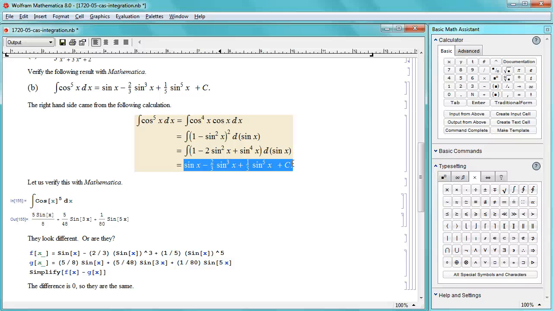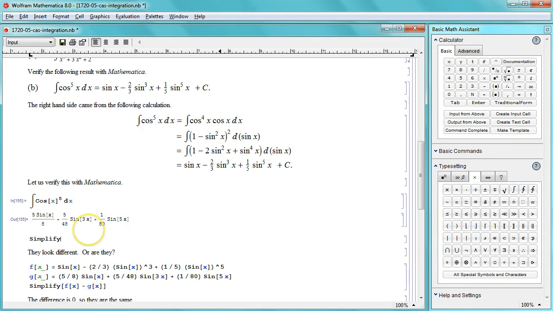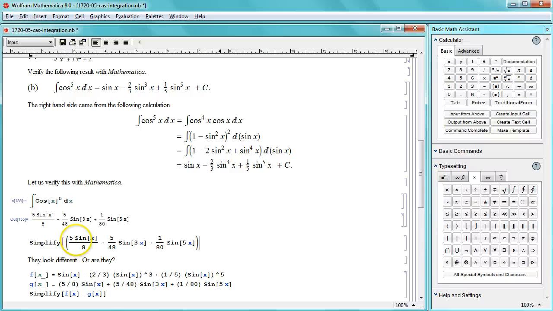Well, one way to see the difference is to use the Simplify command. So Simplify, and then parenthesis open this expression minus parenthesis open sine of x minus 2/3 sine of x cubed plus 1/5 sine of x to the 5th power.